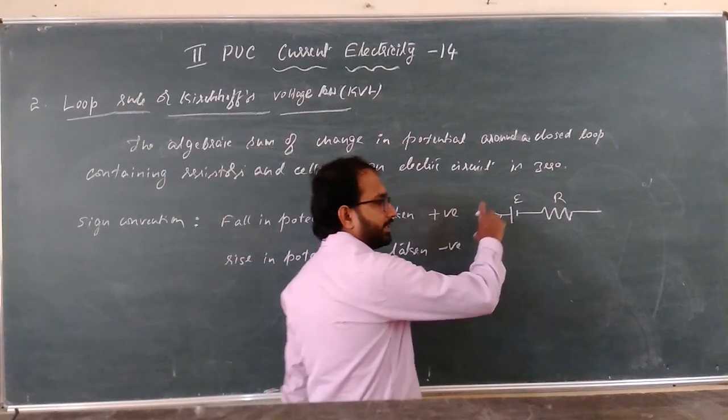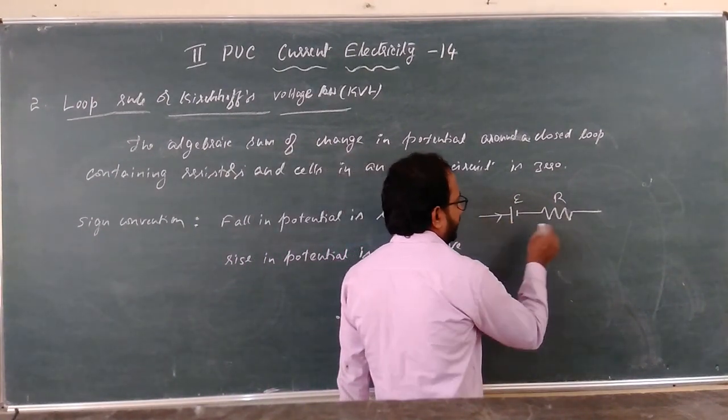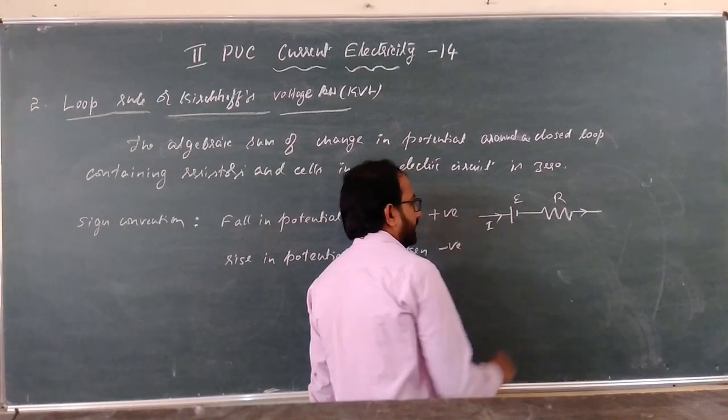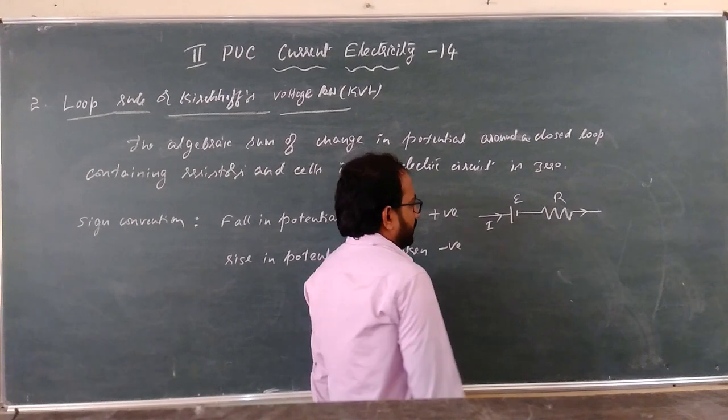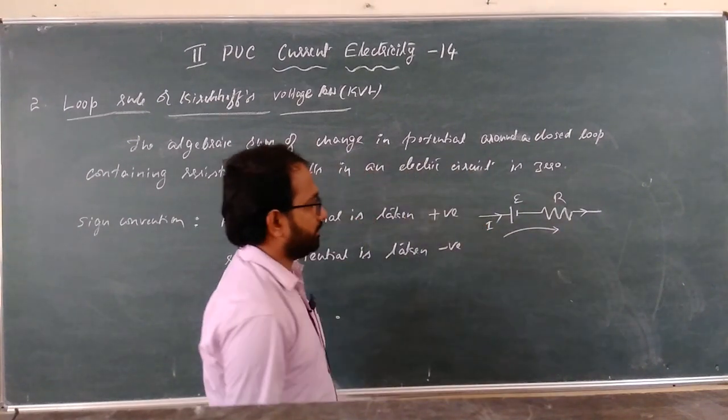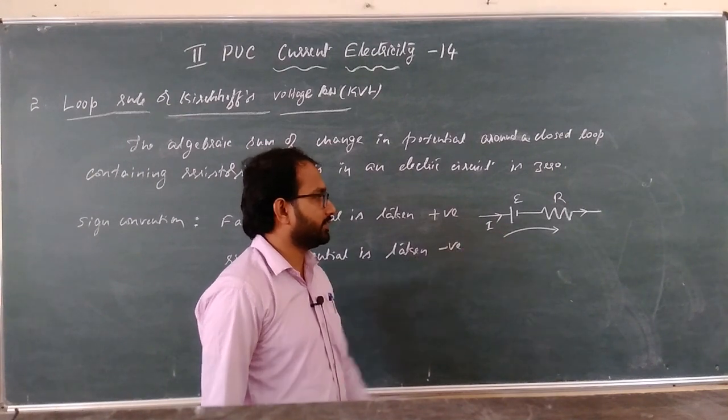Okay, it is a part of an electrical circuit. Current is flowing like this, this is say I. So now say the direction of traverse is like this. I'll explain about this direction of traverse when we solve some problems.